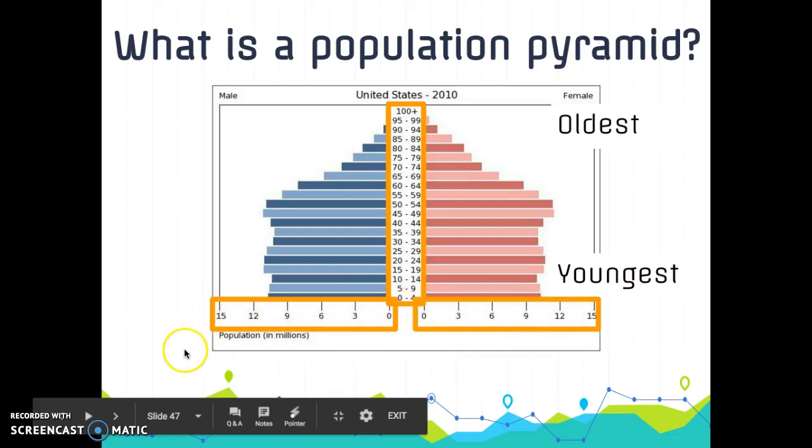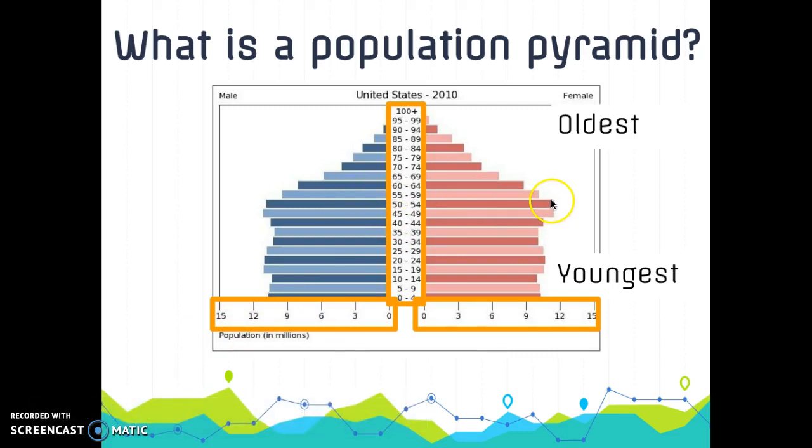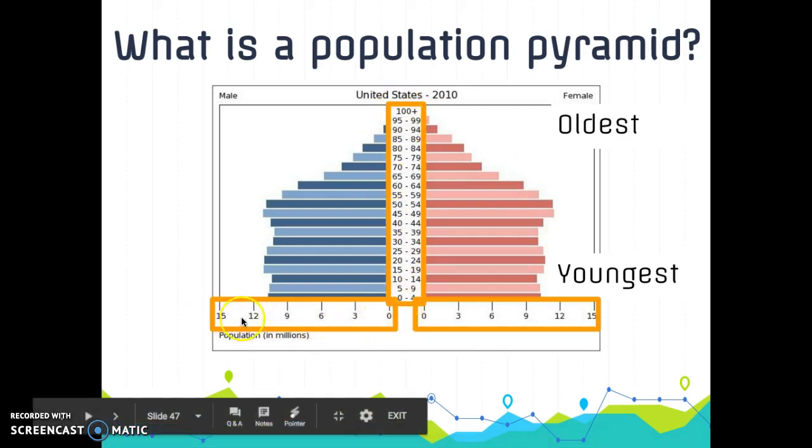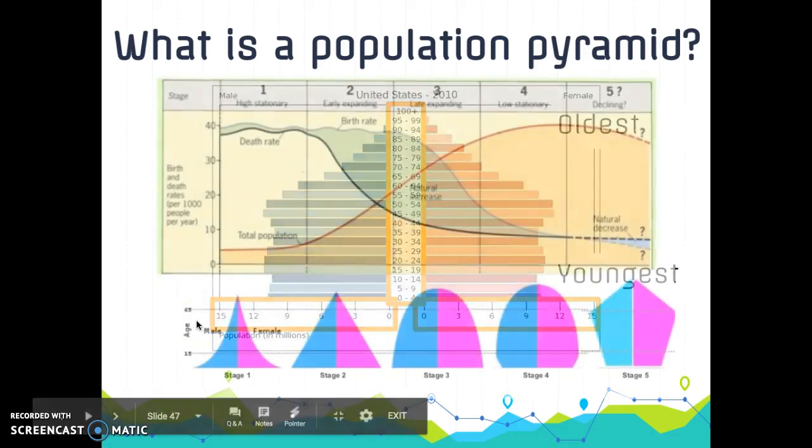So you want to always make sure you're reading a key anyway. So for instance, we can see here that the largest amount of population is women who are within 40 to 45, okay, here in America. And so it just shows us how old are people and how many people are of that age.